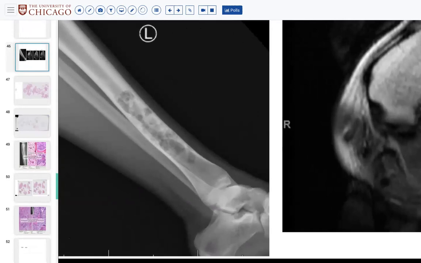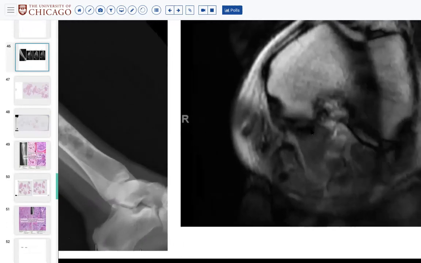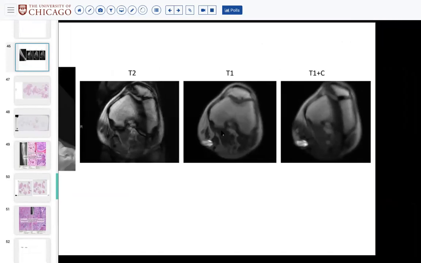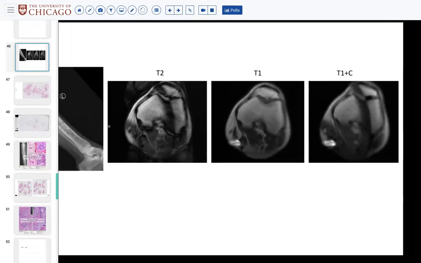On MRI, I think I actually put these images in backwards originally, but they're typically hypodense on T1, bright on T2 because of some of the cystic spaces that you can see in them. And they brightly enhance with contrast, which is on the far right. So that's what we tend to see with this, what we're about to see next.